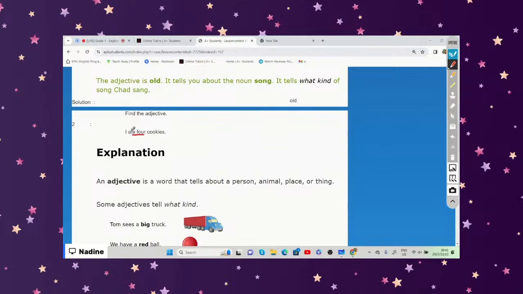And how many is sometimes in numbers, more, less, fewer, many.